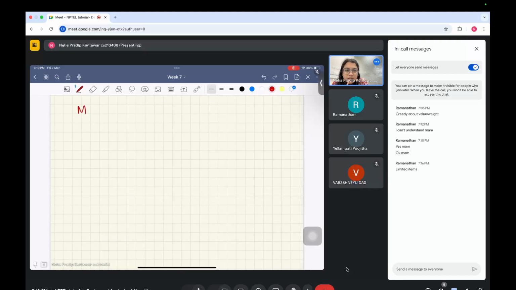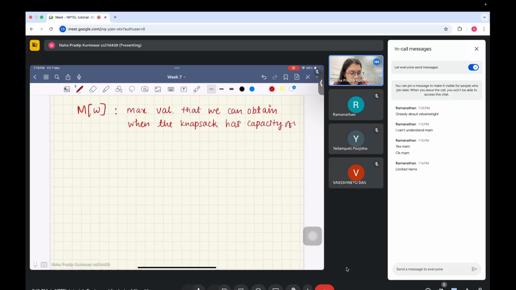Let me say that m of w denotes the maximum value that we can get when the knapsack has remaining capacity of w.